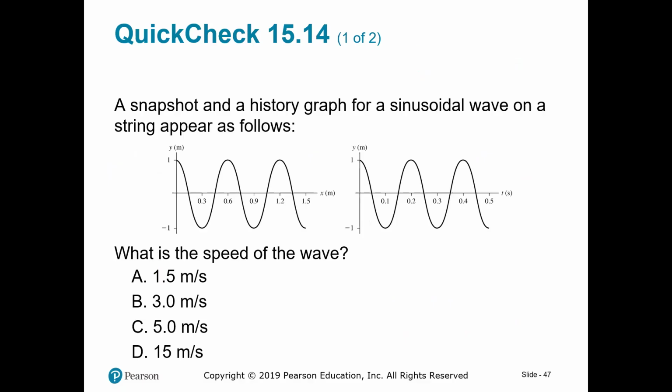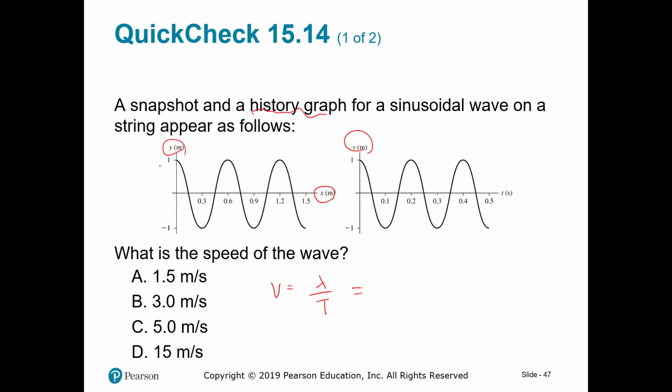And then we have two different types of graph. One is a history graph, which is a function of time. And then this is a snapshot graph. And this one is a history graph, because this is a function of time. So now, what is the speed? Again, the speed of the wave is given by distance traveled divided by period.